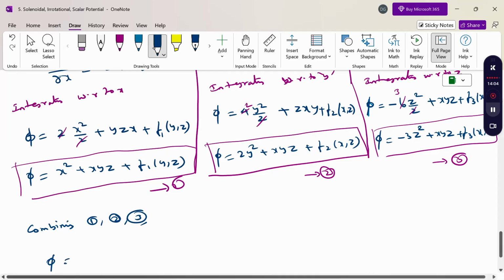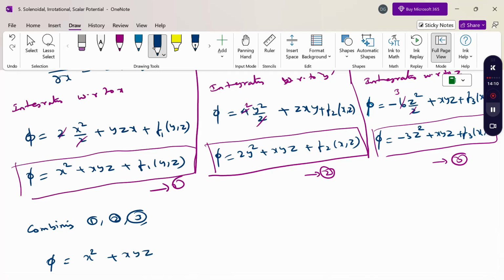When I combine these three: first term x square, second term xyz, and the other term 2y square. For repeated terms, you just write them only one time.